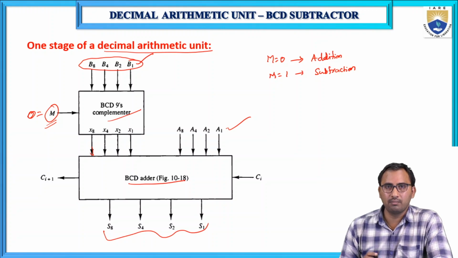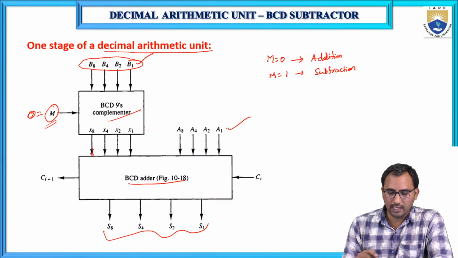Suppose you want to perform BCD subtraction, then the mode bit will be set to 1. If the mode bit is set to 1, then the addend bits will be 9's complemented.